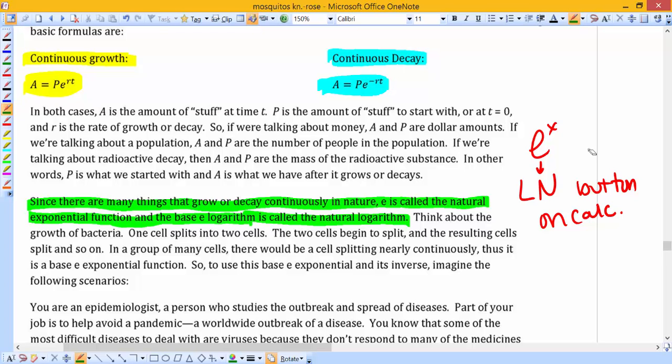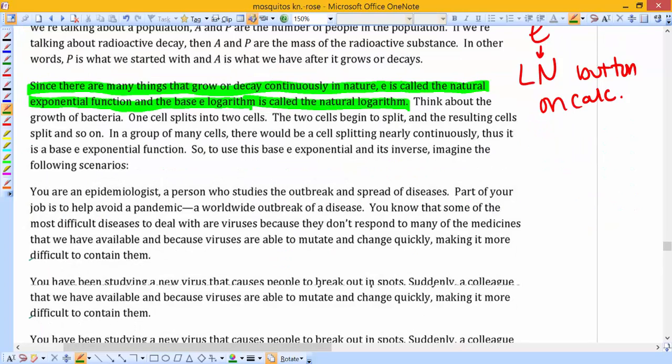So when I see them together, I actually get to cancel them out. For example, if I see e to the ln, so instead of x, it's to the ln, that cancels. Or if I have ln of e to the x, this cancels, and I'm left with x. So that's kind of what we're working with today. And we saw e already in 2.6.